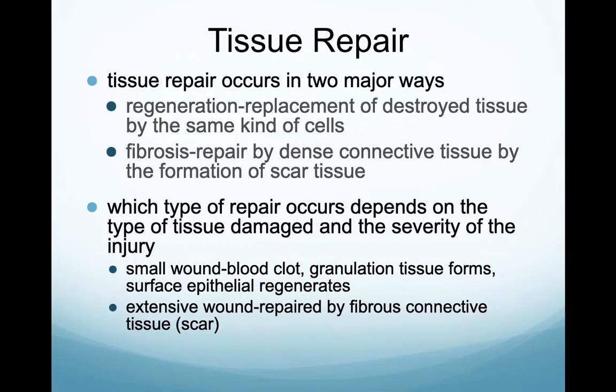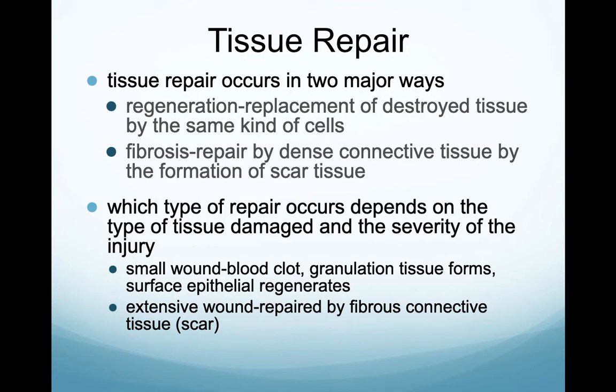So last, let's talk about tissue repair, because you're not perfect, I'm not perfect, we're going to get hurt. I myself am really clumsy and get hurt all the time. So I need my tissues to be able to repair themselves. So it happens in two ways. One is regeneration, where the same kind of cells regenerate. The second is fibrosis.